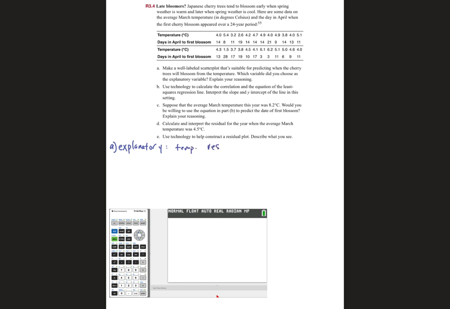And then the response would be the number of days in April until first blossom.